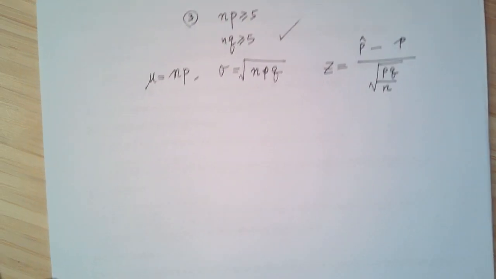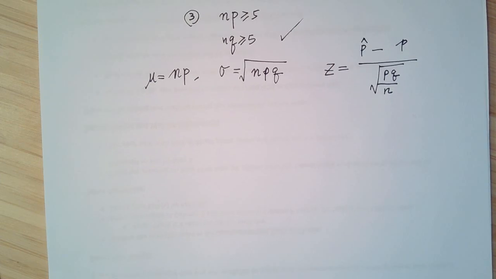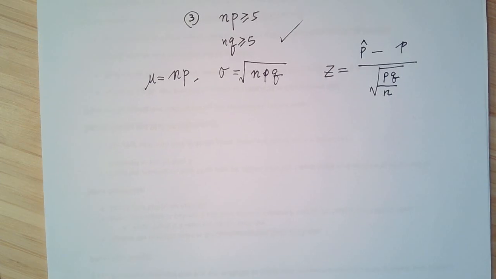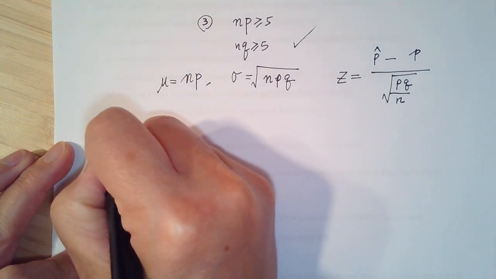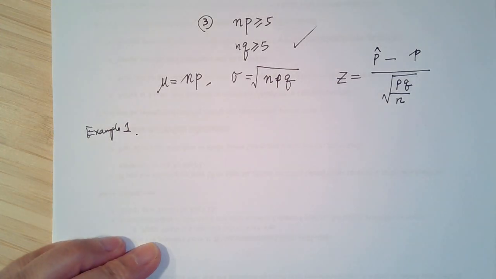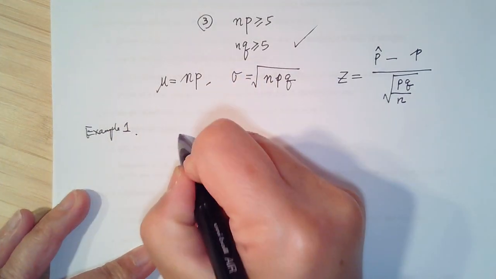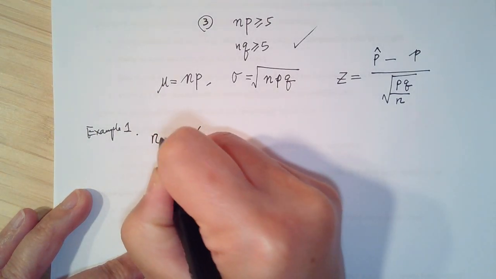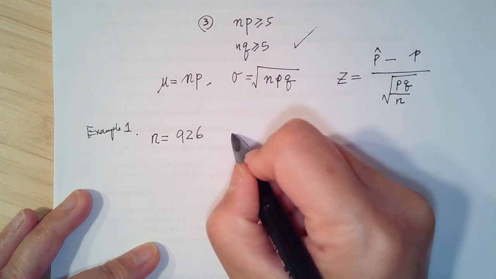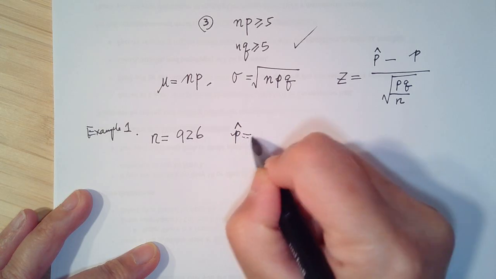All right, let's keep this in mind, and then we're going to do one example. Example 1. 926 internet users were asked if they utilize 2-factor authentication, and 52% of them said yes. So the sample size is 926, and 482 of them, or the p hat, is actually 52%.